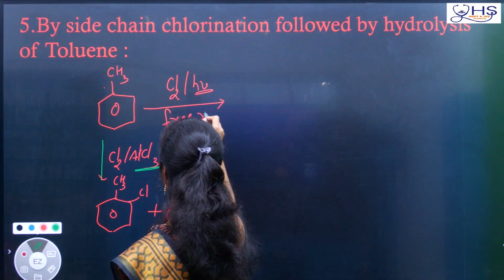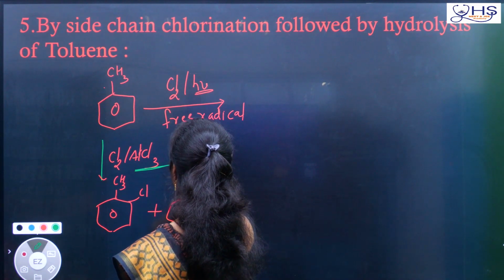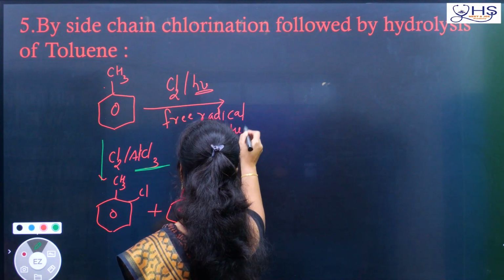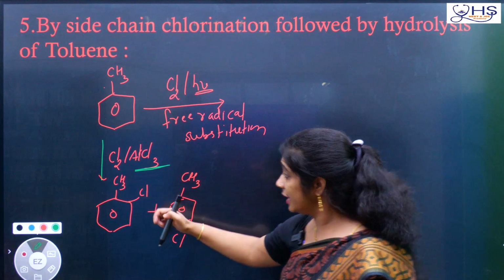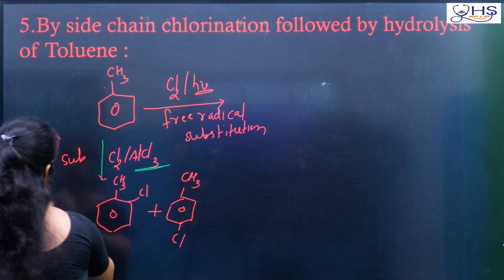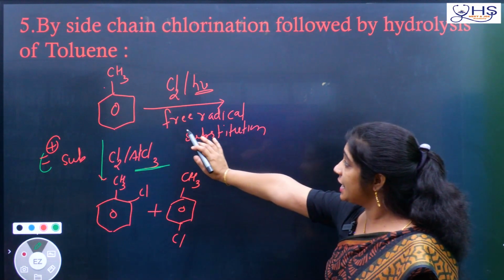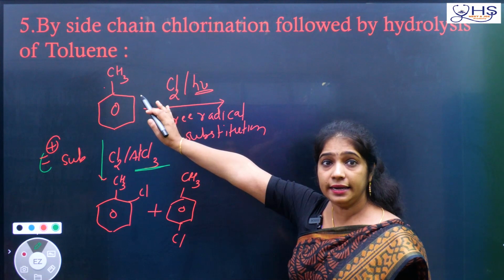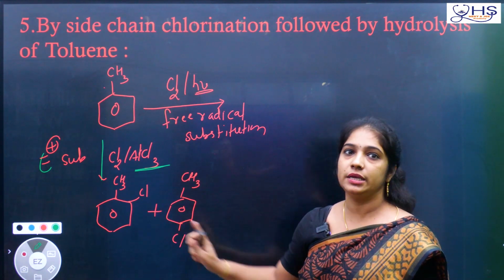Free radical substitution, and it will not occur in the benzene ring, it will occur in the side chain, the alkane part. But here electrophilic substitution will occur on the benzene ring. Very important. Free radical substitution will occur at the side chain, but electrophilic substitution will occur in the benzene ring.